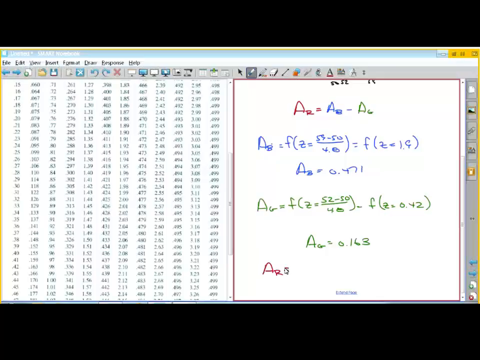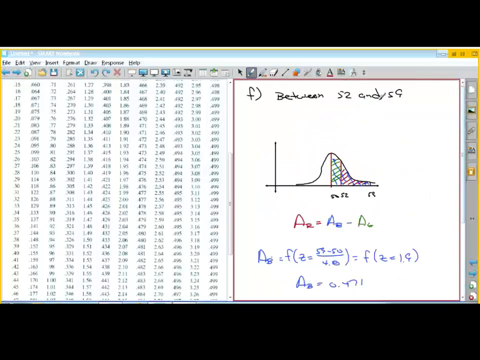So our final answer, our red area, which is between 52 and 59, is going to be our blue area, which is 0.471, minus the green area, which is 0.163. So 0.471 minus 0.163 gives us 0.308.